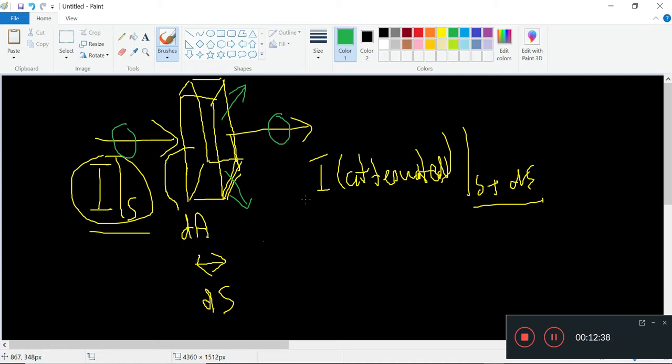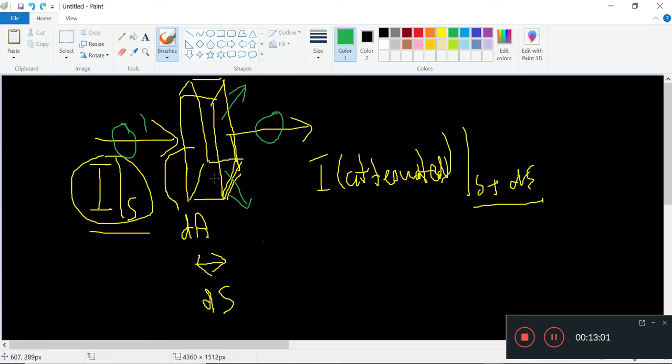We don't care about the other directions or the other solid angles. We just care about the main direction. So there's radiation coming in and there's radiation going out. What's the difference between this and this due to scattering?